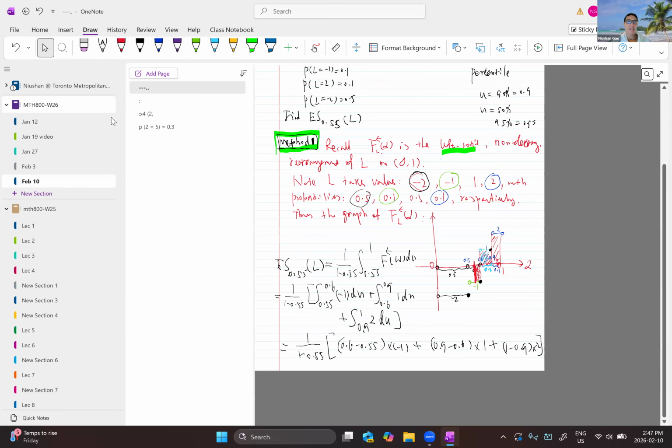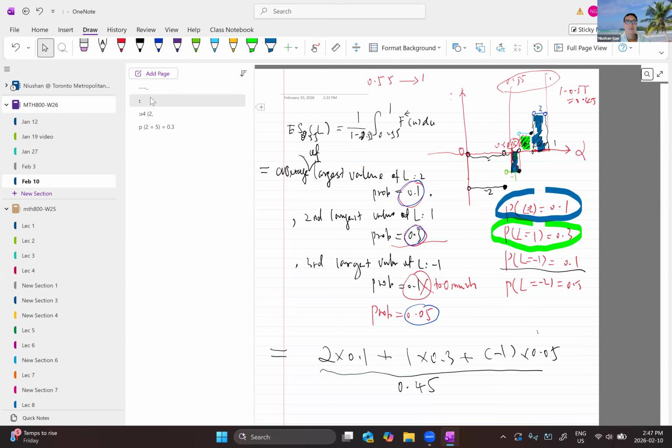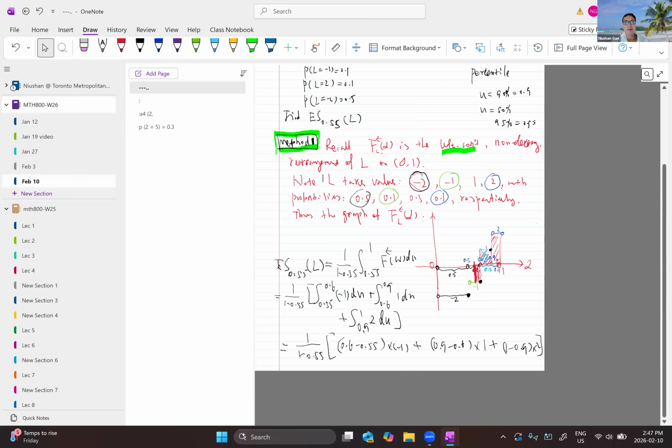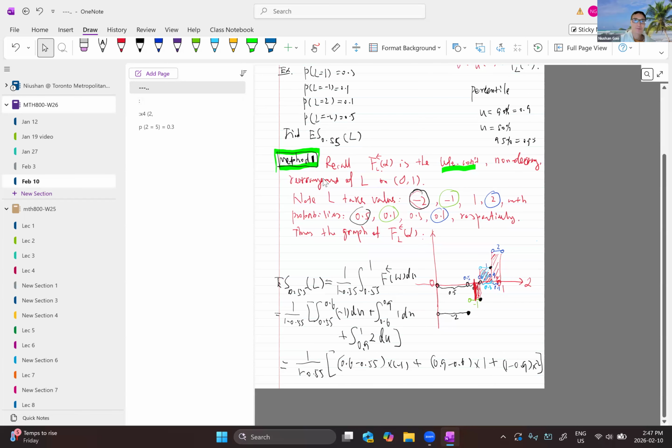Then you do the average or integrals as you wish. So this is method one, using the definition. Because you're using integrals, right?